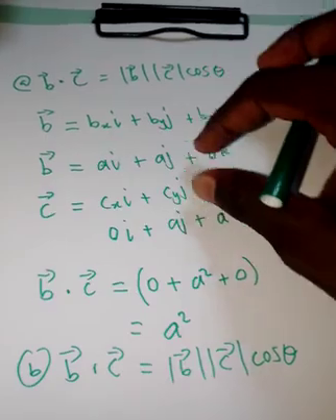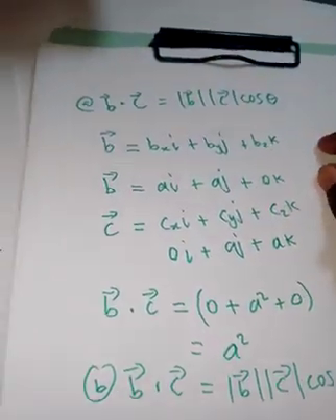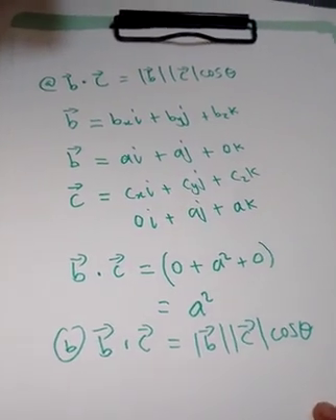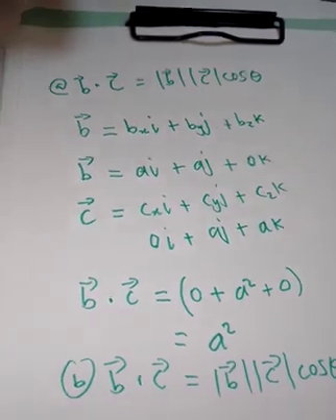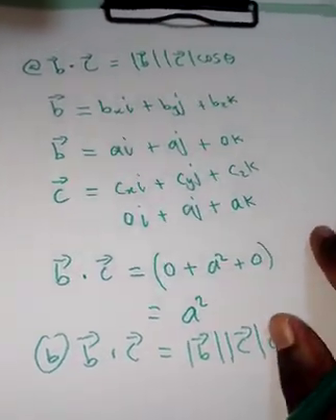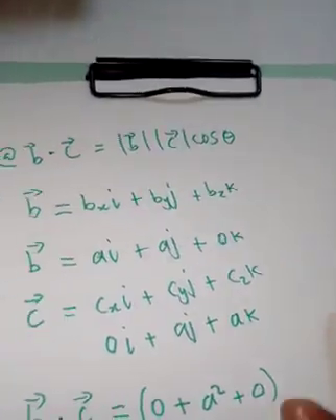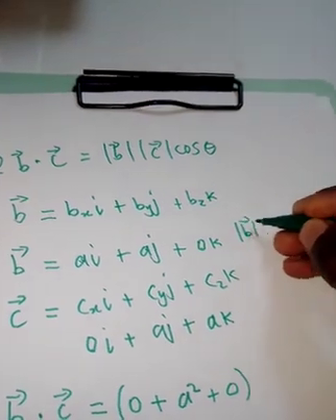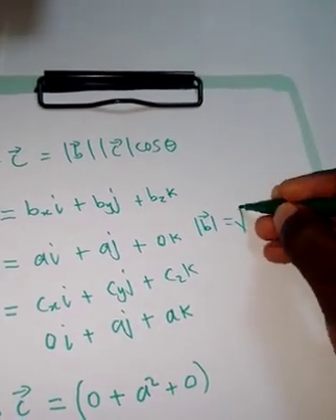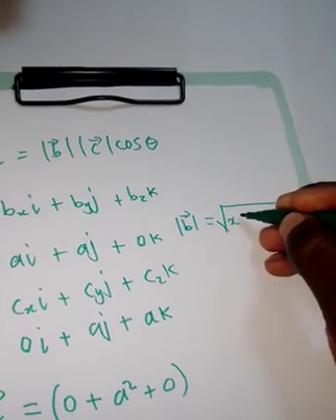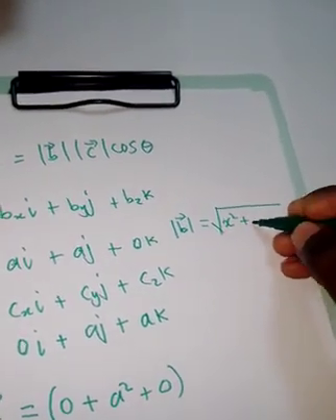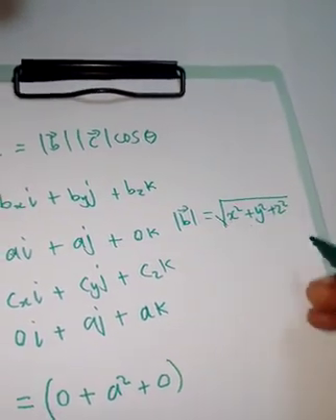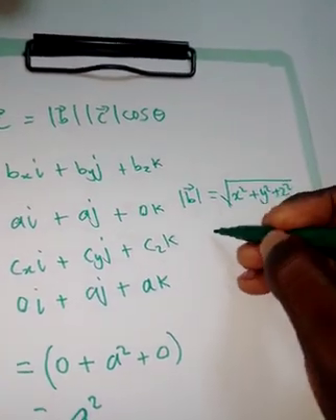So just get back to B there, which has been expressed in terms of x, y, and z already. Okay, so let's do this. If this is B, magnitude of B should be equal to, so magnitude of a vector or resultant, it's simply root of x squared plus y squared plus z squared, or bx squared plus by squared plus bz squared.